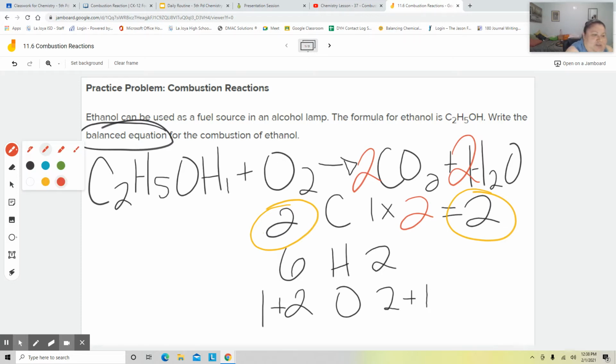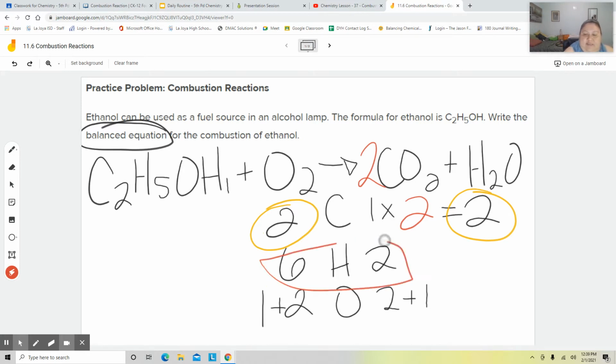There's 2 places I can put it. Since I changed carbon, in front of CO2. Very good. Okay. Why? Because where's carbon? I changed carbon. Carbon is part of the first compound. Very good.